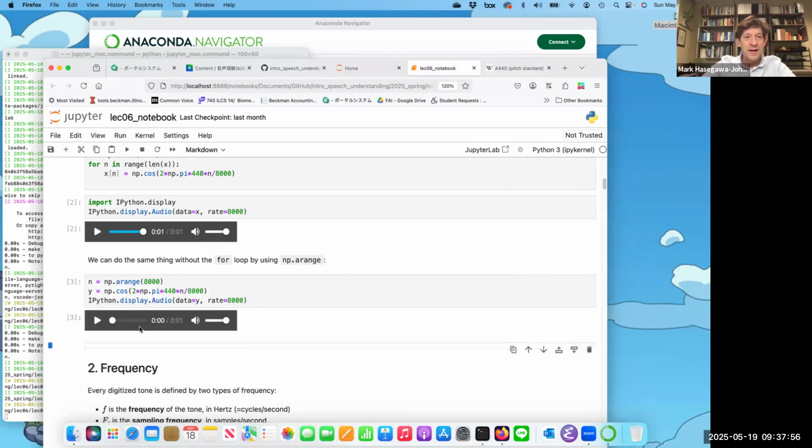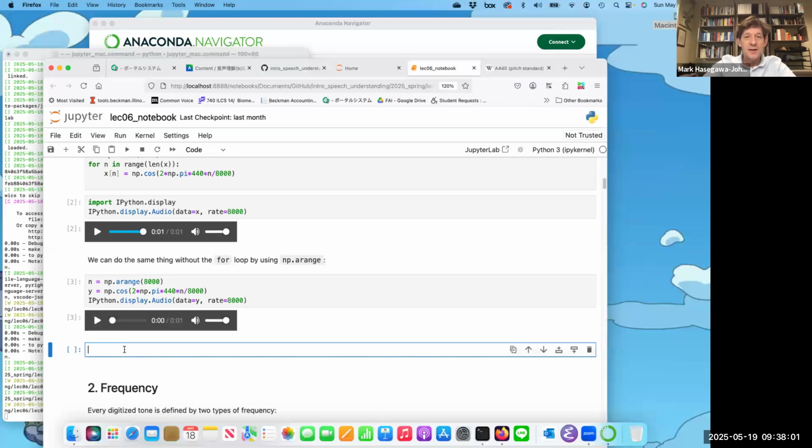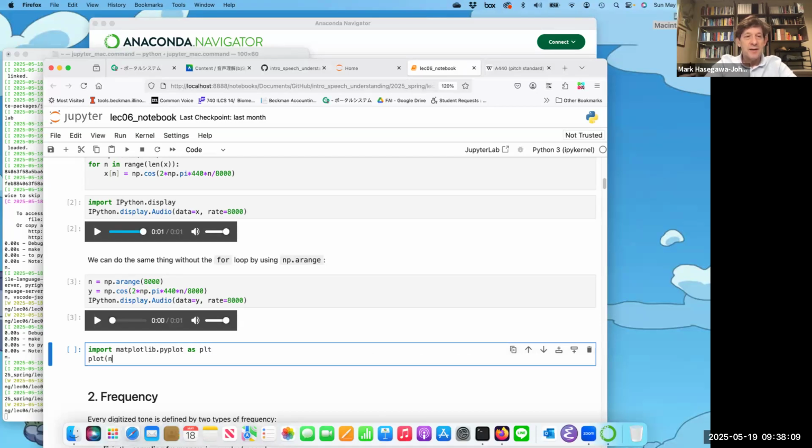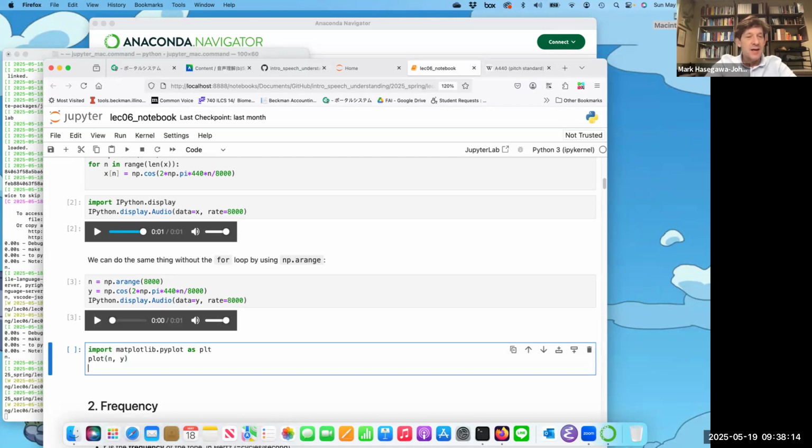Let me create that and let me then add another in here. Let's import matplotlib.pyplot as plt, and let's plot y as a function of n. And let me create a figure.